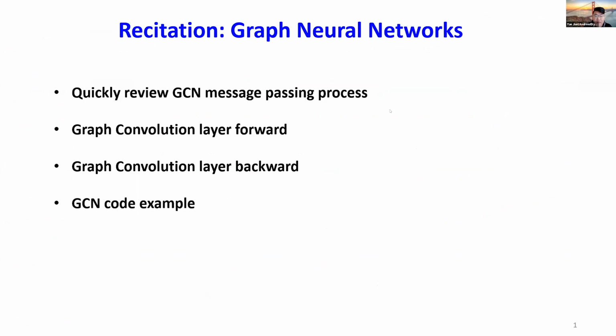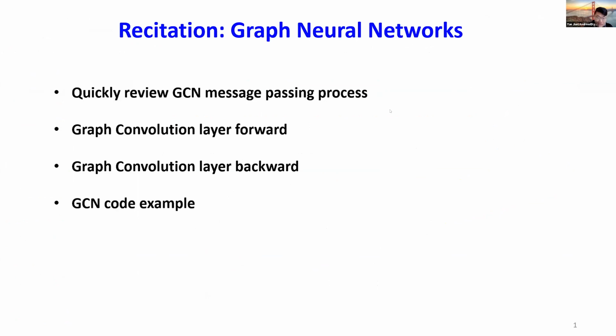Today's recitation is still on the topic of graph neural networks. During the last lectures, we have already introduced permutation invariance and how the message passing process works.